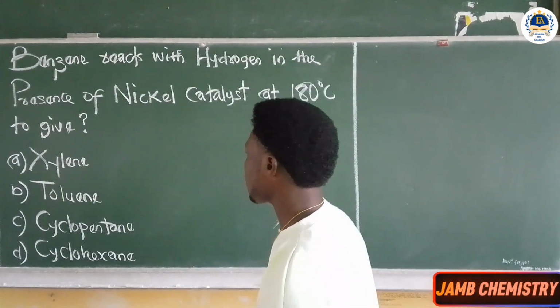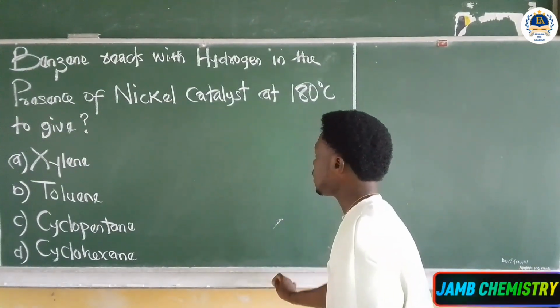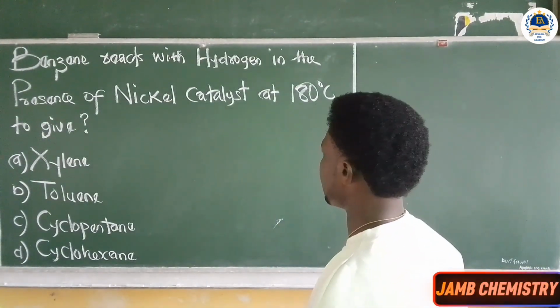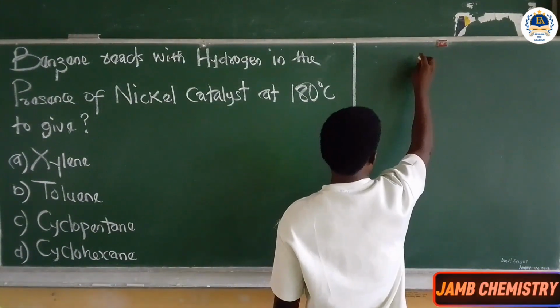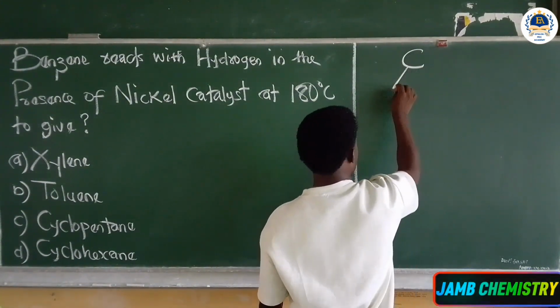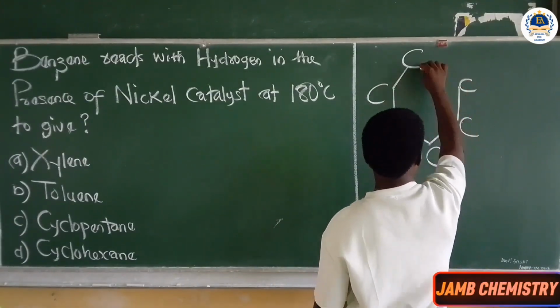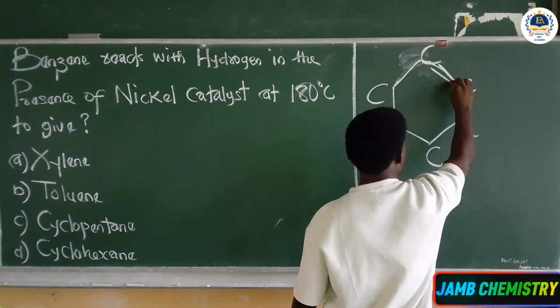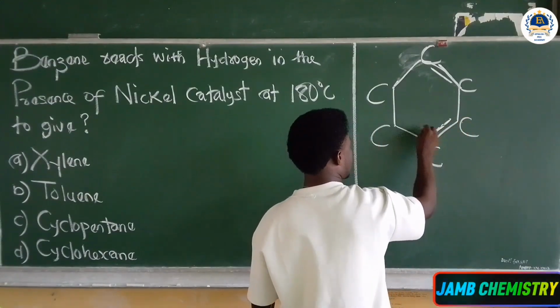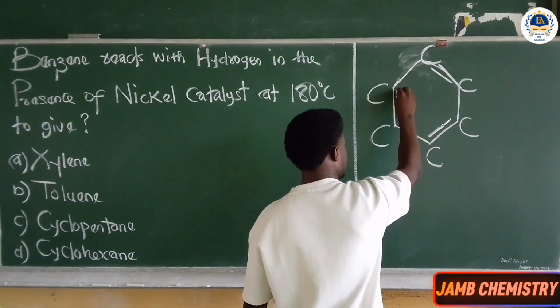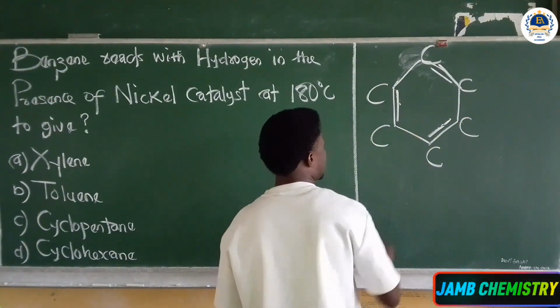So, the reaction between benzene and hydrogen in the presence of a catalyst gives, this is the benzene molecule. So you have double bonds, the pi electrons. This is a benzene ring.